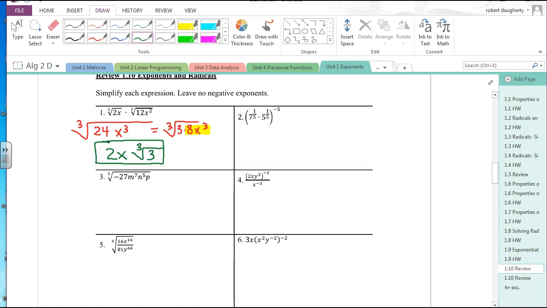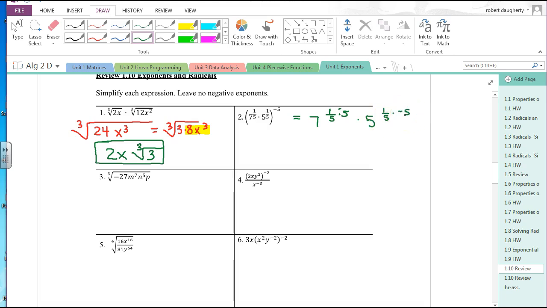Number 2, 7 to the 1/5 times 5 to the 1/5, all to the negative fifth. Okay? If I just distribute this negative 5, I'm going to get 7 to the 1/5 times negative 5, and then times 5 to the 1/5 times negative 5.